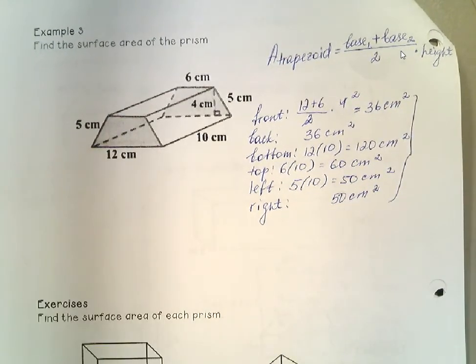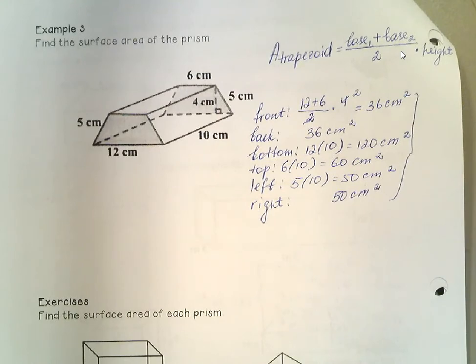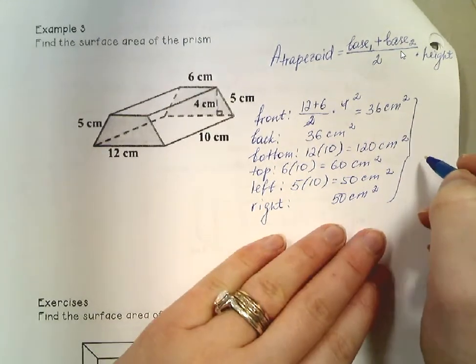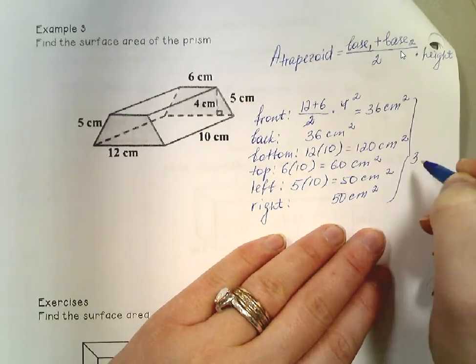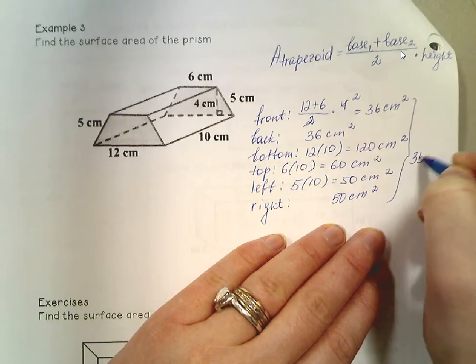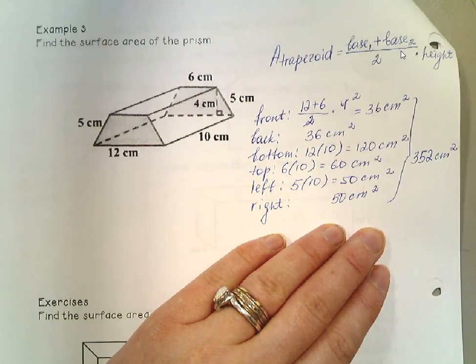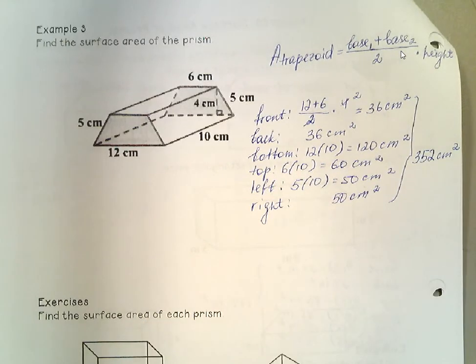So we have 36 and another 36 and 120 and 60 and 50 and another 50. And that is 352 centimeters squared. Okay? All right, that's pretty much it.